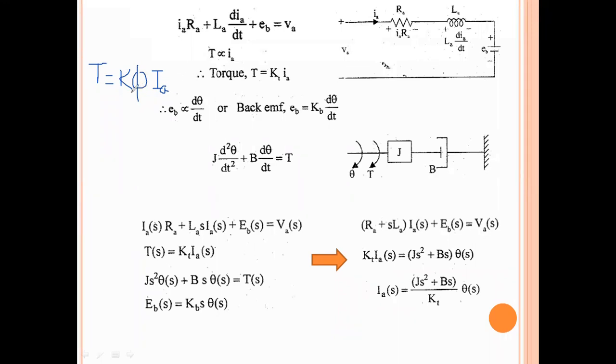So in this case, we are keeping the flux, or the field winding, constant. So K is a constant, flux is a constant. That implies we can write the torque equation as KT into Ia, where KT is K into phi. K into phi is simply represented as KT, because phi is also constant here, as we are keeping the field constant. Therefore, the torque equation will be KT into Ia.